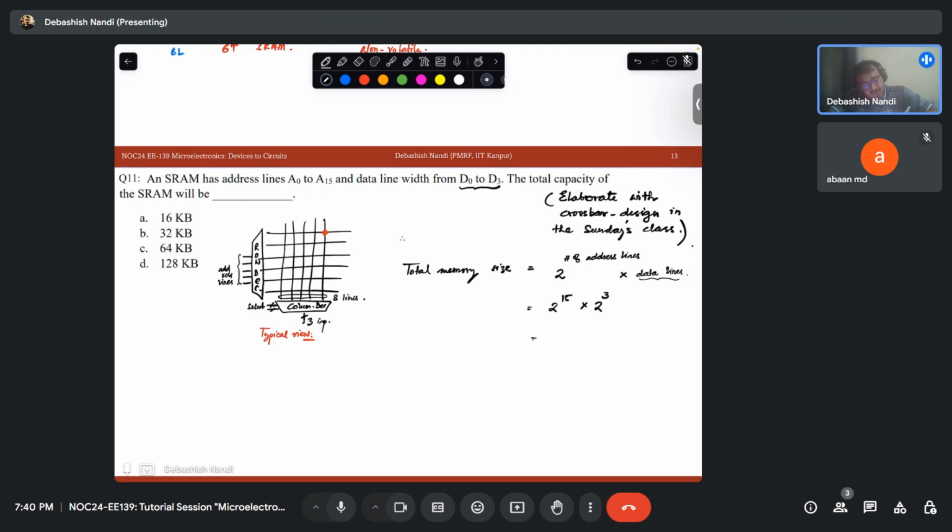So in total you have 2 raised to 15 times 8 bits.